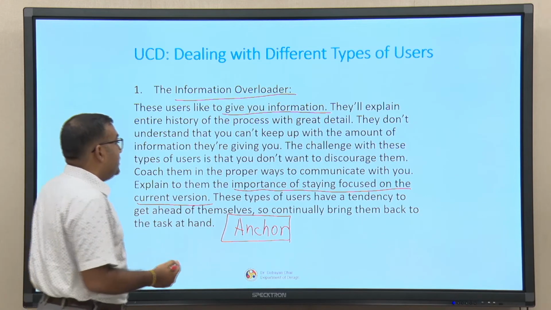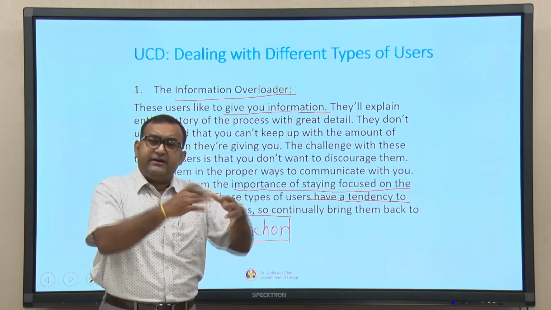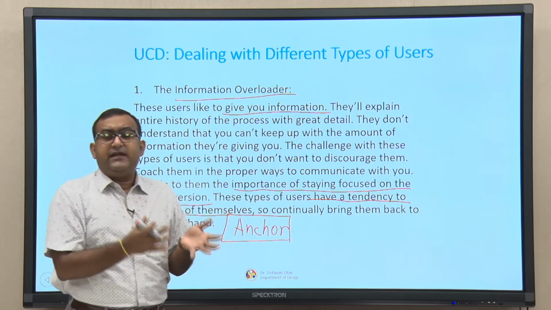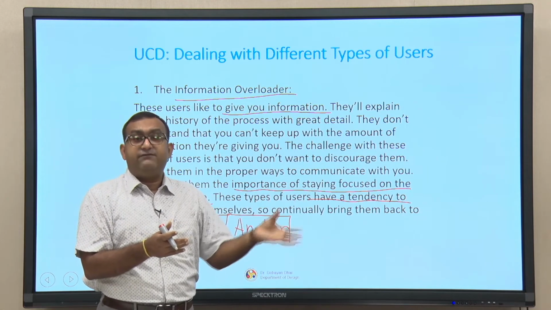These types of users also have a tendency to get ahead of themselves. That means they have a mindset where they have detailed out the information and they have priorities for providing those details. Many a time while interacting with these users, they run through their ideas or information in such a way that things get really murky, and they run from pillar to post in terms of giving you the information.